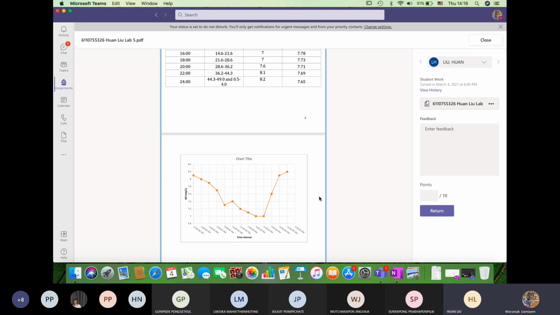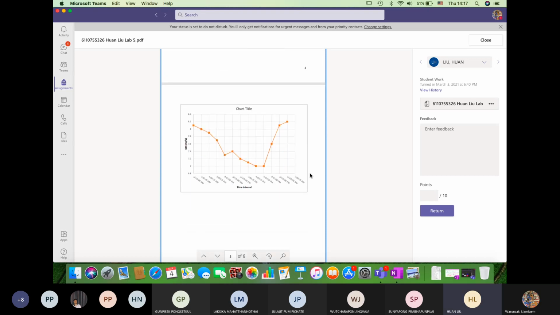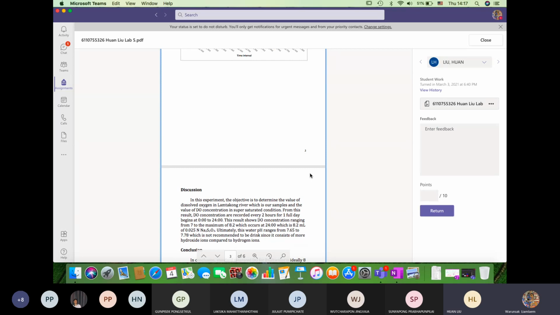And our result has the highest dissolved oxygen in the last 24 hours, which is 8.2. So that shows that our Lam Ta Khong River sample is ideal for standard saturated dissolved oxygen.